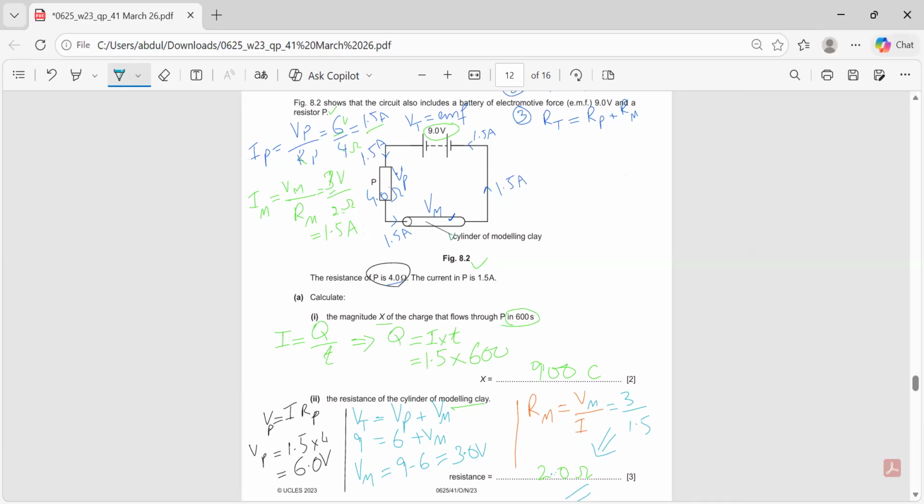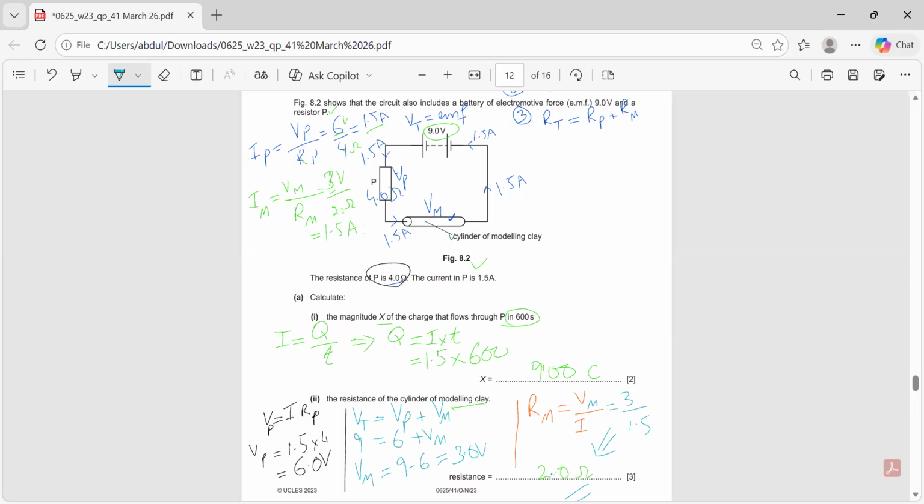Does the modeling clay have a specific purpose or only for shaping? Only for shaping also, and it is a conductor, easy to shape, and it is conducting. So they won't ask me about the purpose. No chance at all. What I have shared with you was from A level's point of view.